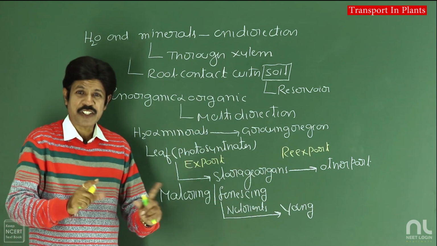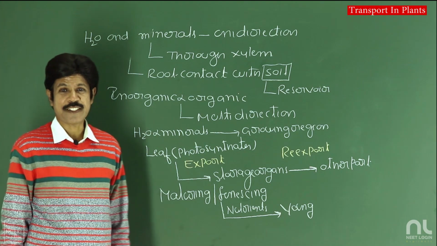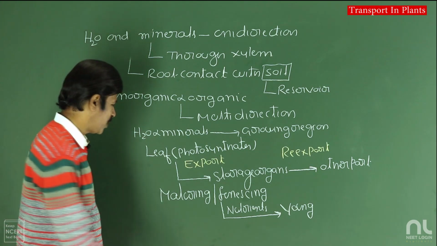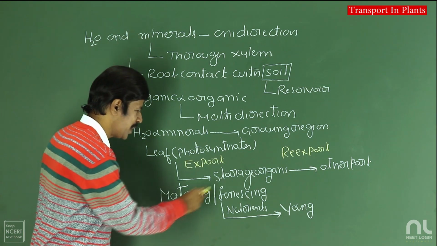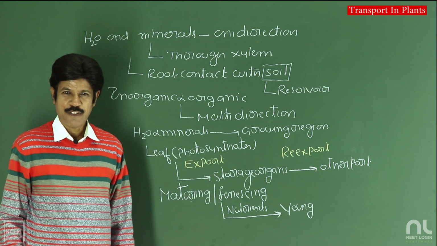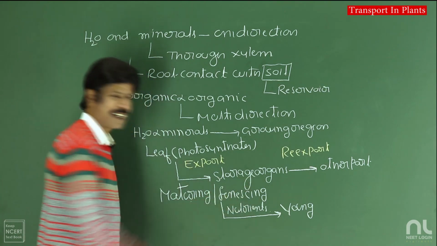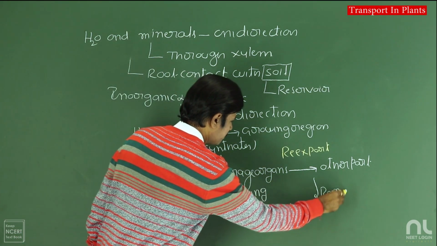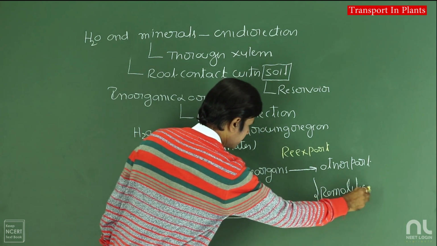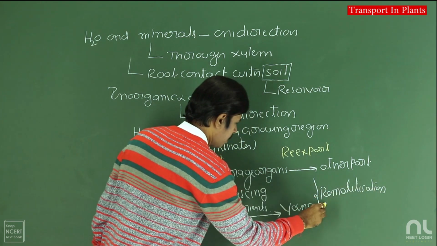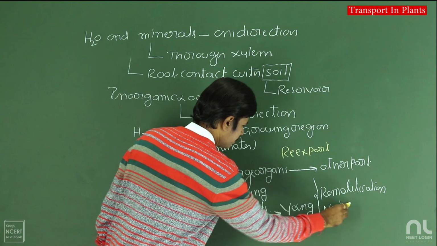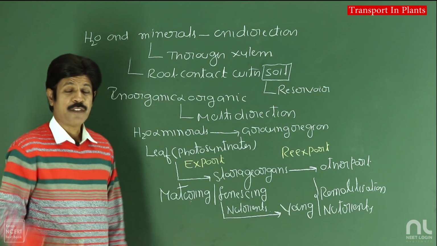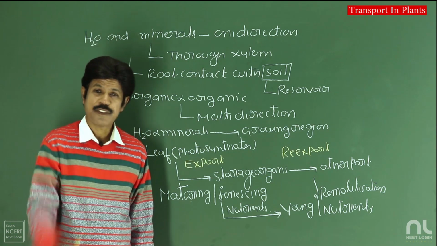So there is a remobilization of nutrients from old to young. Nutrients are withdrawn from maturing or senescing parts to younger regions. So it is remobilization of nutrients, in the first page, third paragraph.